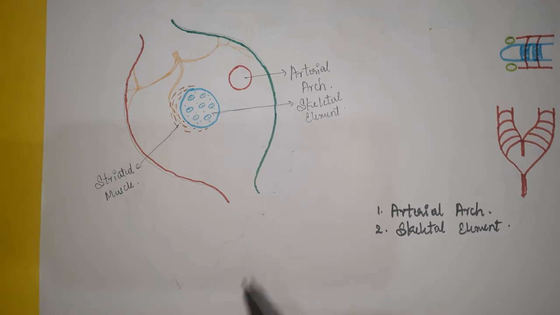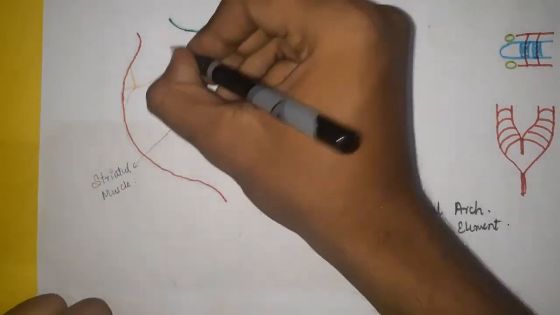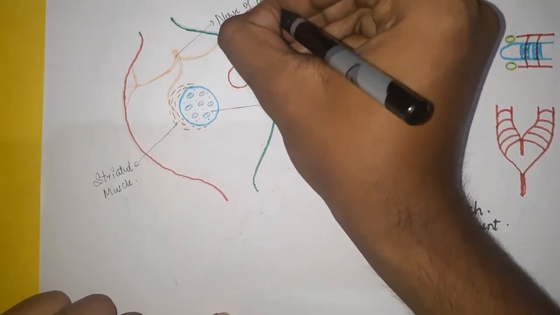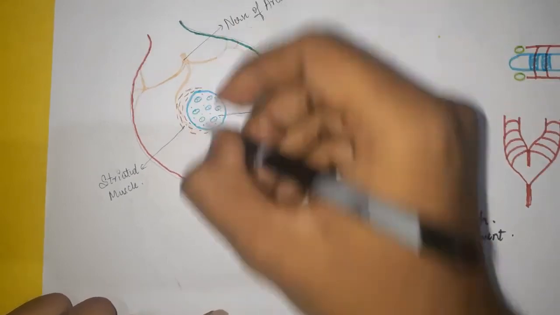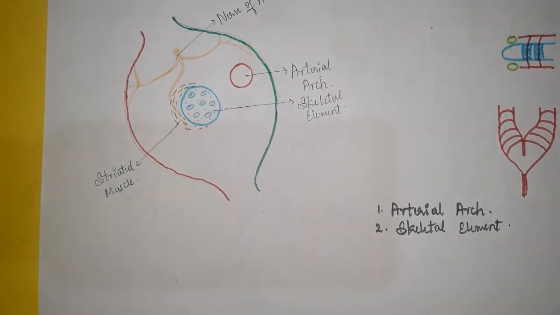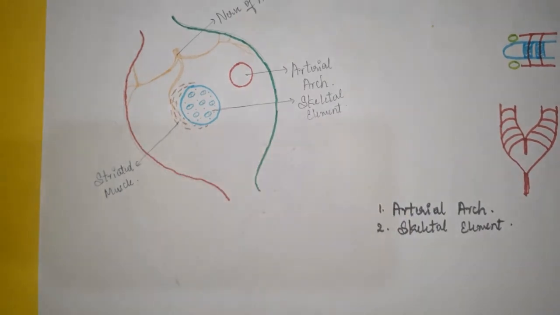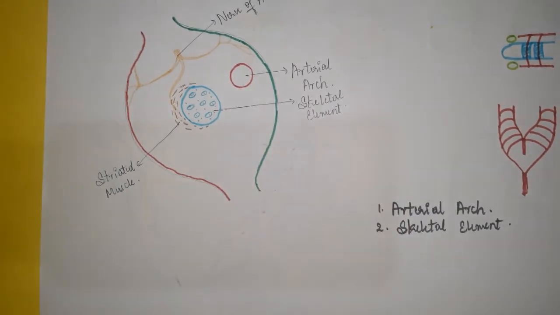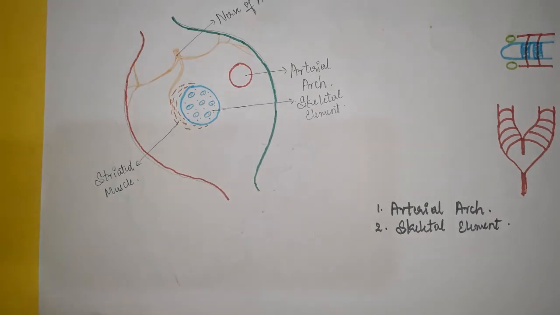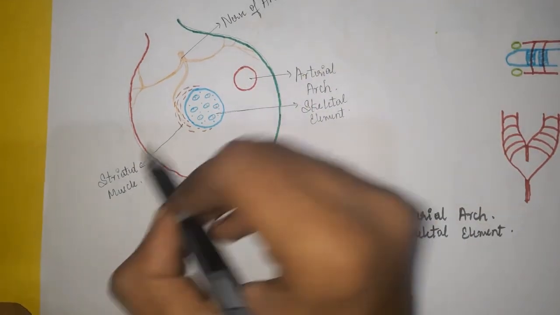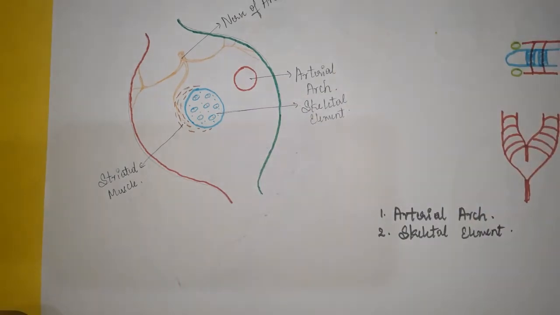In simple words, this is the nerve of the arch. This nerve of the arch will supply the muscle. The muscle may stay here in the position where the arch is present, or it may migrate to other areas, but the nerve supply remains constant. If a muscle travels to another area, it will take its nerve supply along with itself.